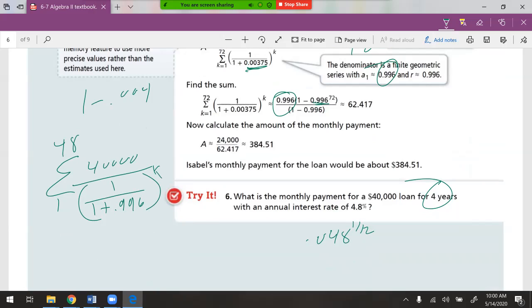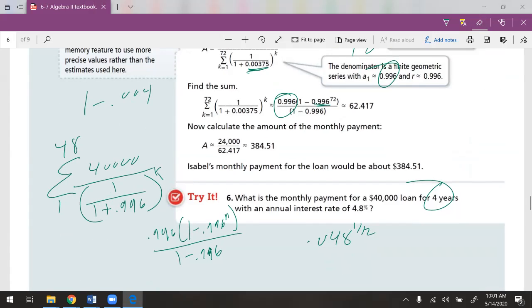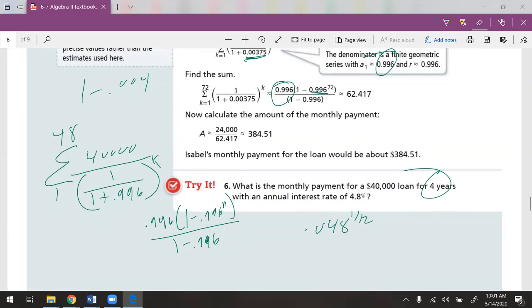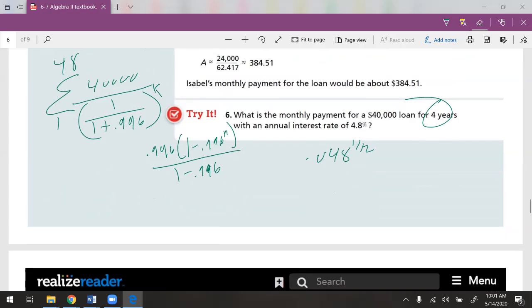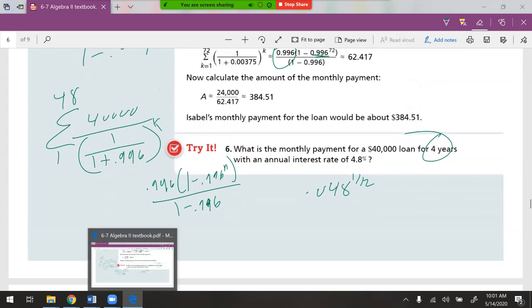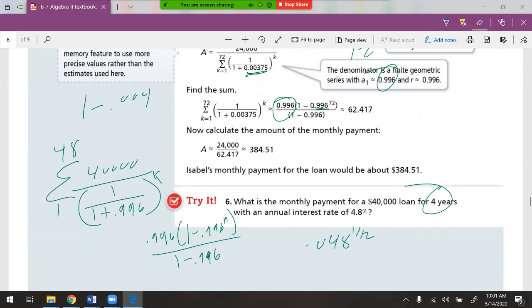So now what happens here? 0.996 multiplied by 1 minus 0.996 to the power of n over 1 minus 0.996. I'm going to erase this. This is 0.048 divided by, I won't even erase. How about that? Then to finish this off at the end here, basically it's this number under 40,000.